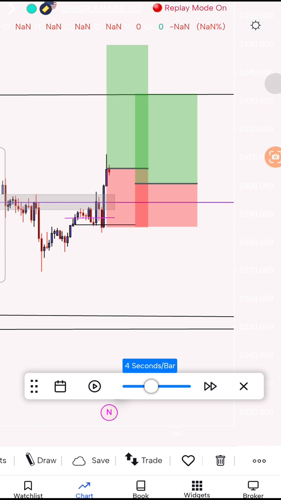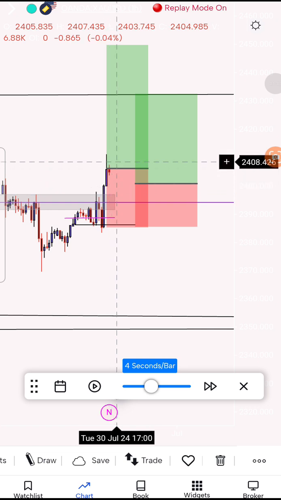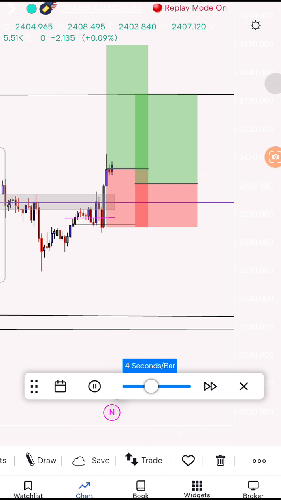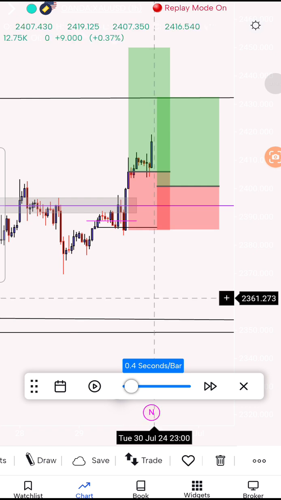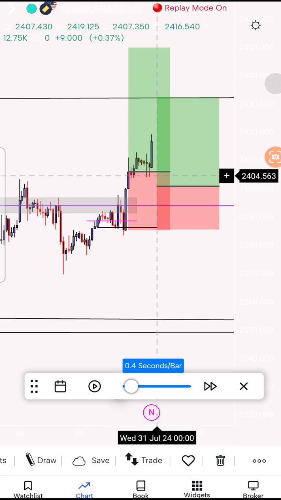Whenever we have these two fair value gaps, I always try to go with the higher one. So if I was conservative enough, didn't enter the first trade at that point in time, then if that is confirmed, then that's where I should enter. Then price didn't really tap into it, and yeah, then price actually dropped lower, didn't really even tap into that fair value gap.